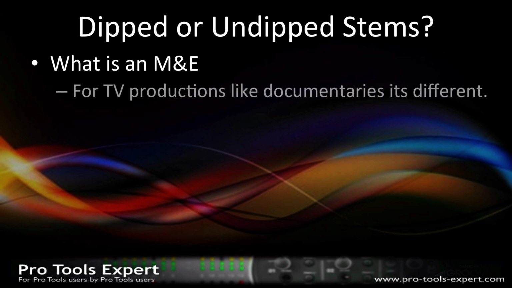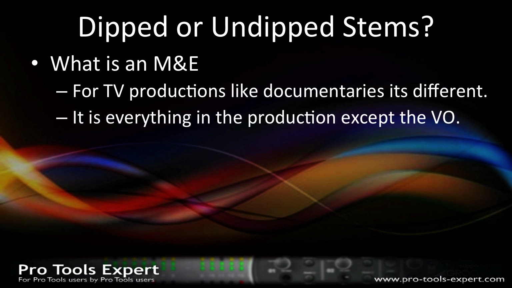In the world of documentaries and reality TV, an M&E track is the same as what the film people call a DME. Essentially it is the dialogue, the music and the effects, everything in the production bar the voiceover. Yeah, the commentary or the voiceover, whatever we choose to call it. Yeah, off-camera narration.